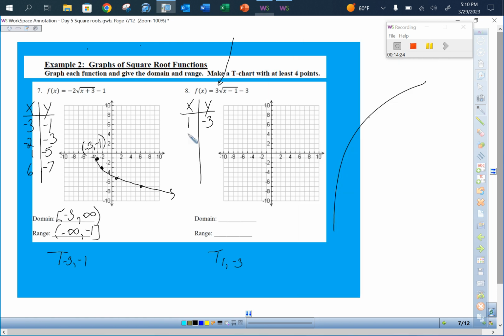So jot those down. So 1, -3, there's my start. 2, 0, 5, 3, 10, 6.